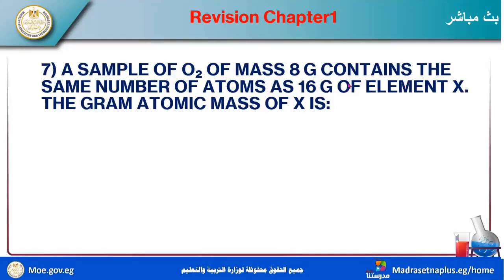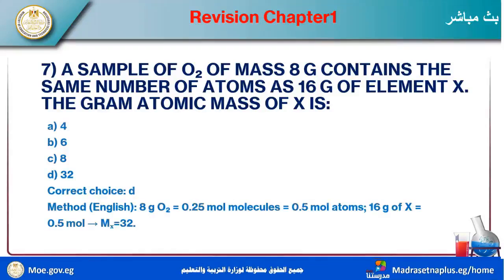Now we have the same number of atoms as 16 gram of element X. Which element is X? You must have the same numbers, the atomic mass of X. Now it is easy to correct. The answer is D. Why?